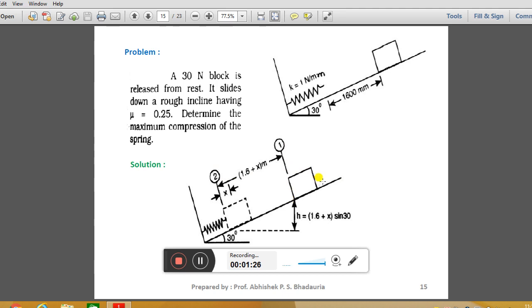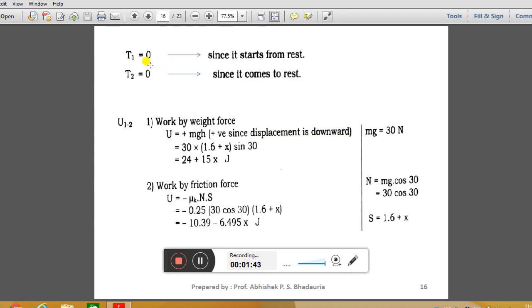This block slides down from rest, so it is at rest at position 1. So the velocity at position 1 is 0 since it starts from rest, and the initial value of kinetic energy will be equal to 0.